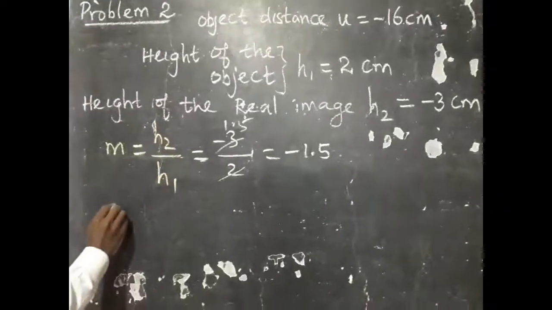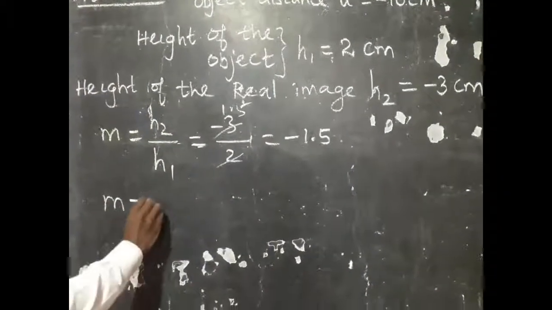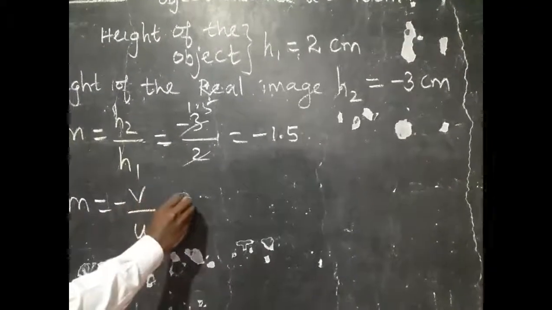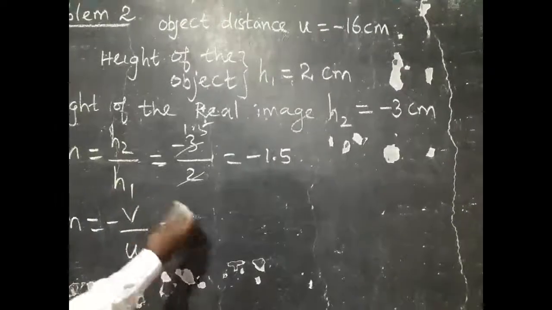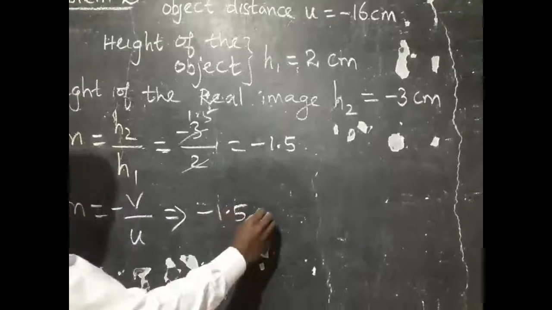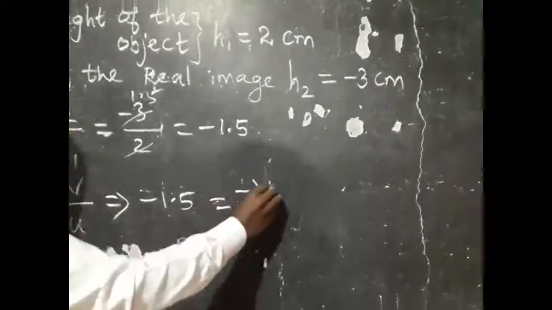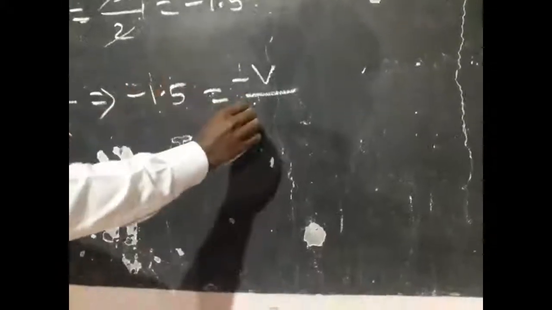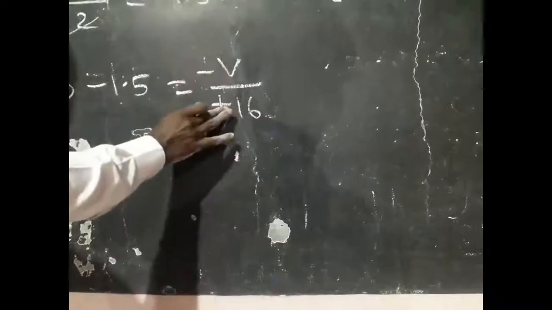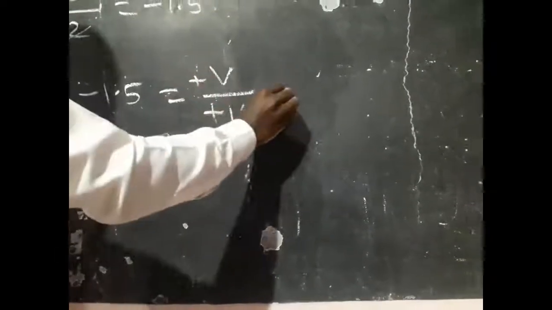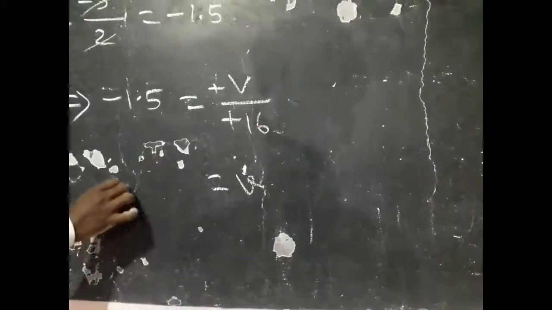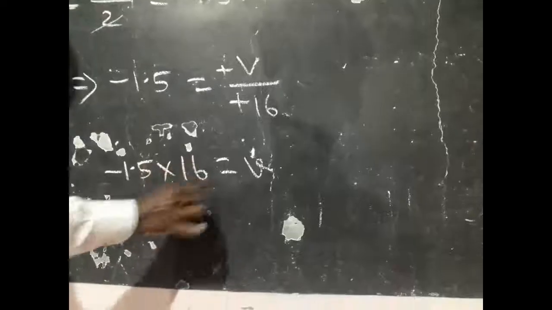Then the second formula is magnification, which is nothing but minus v by u. That is another formula. Here we only need to find out v. So magnification minus 1.5 is equal to minus v divided by u, minus 16 centimeter, and minus minus will come plus, and therefore v is nothing but minus 1.5 into 16.